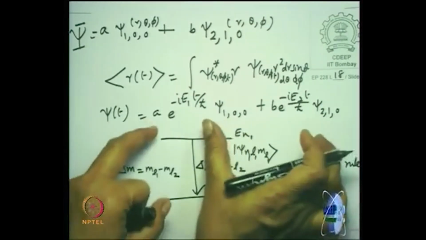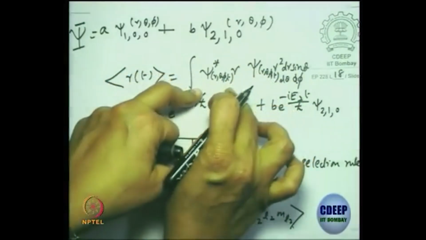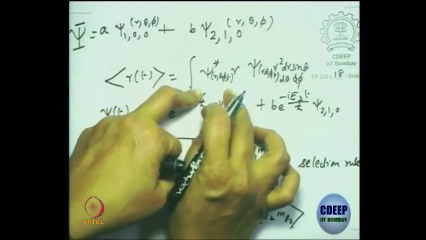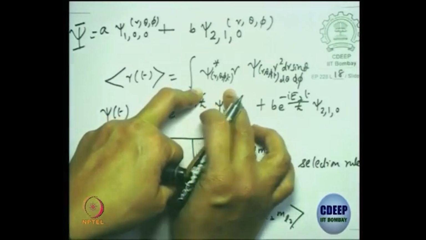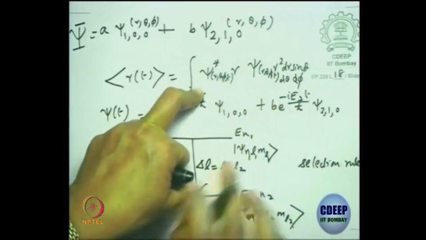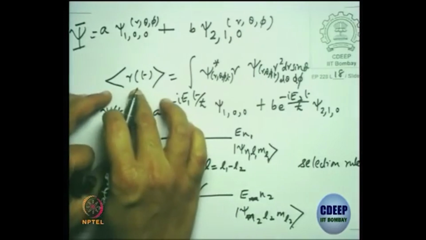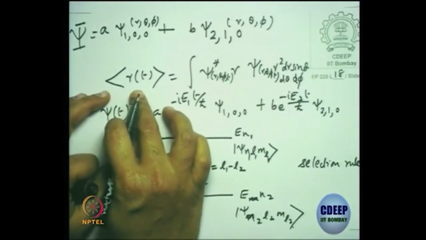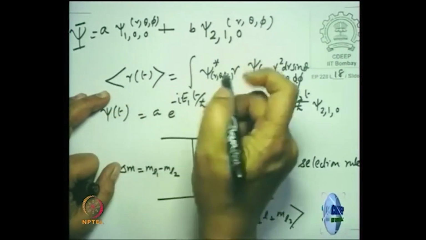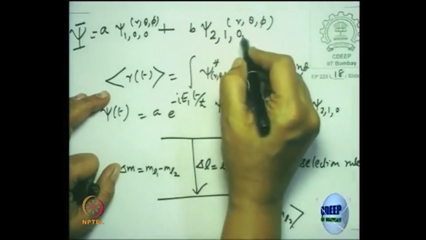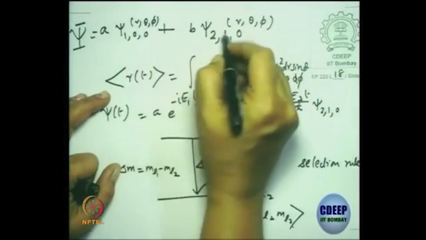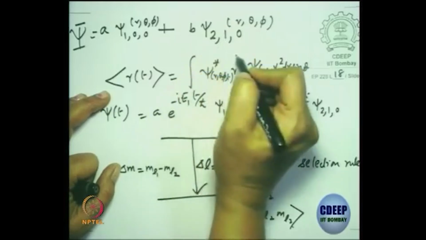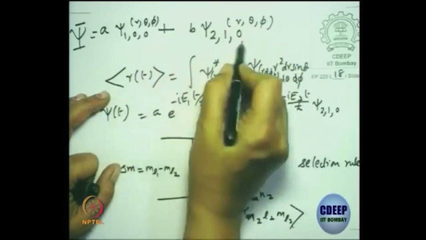You have to substitute this here, and use orthogonality, everything, and see whether this will be non-zero or 0. Similarly, you put this to be here. I think there are no other possibilities.